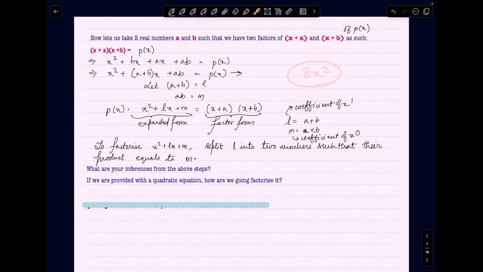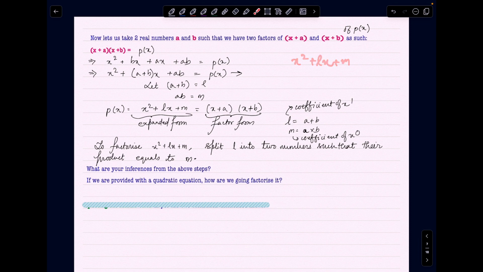But here our question is x square plus lx plus m, where the coefficient is 1. So the factors are x plus a and x plus b. Got my point? This is how we factorize x square plus lx plus m.